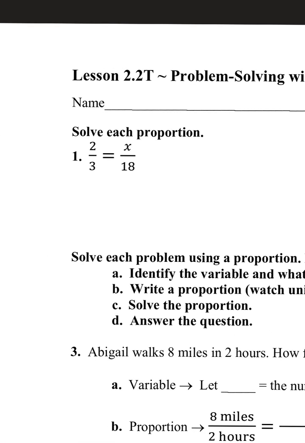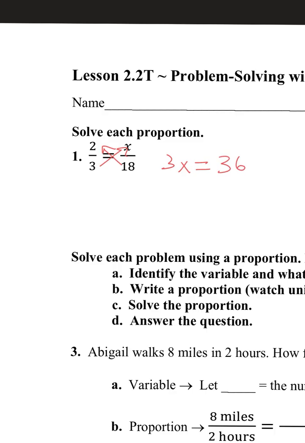So again, for numbers 1 and 2, it says solve the proportion. To solve these proportions, all you have to do is cross multiply and then divide by what's left over. So we're going to cross multiply. 3 times x is 3x, and that's equal to 18 times 2, which is 36.